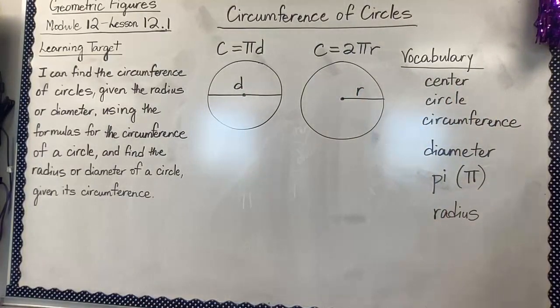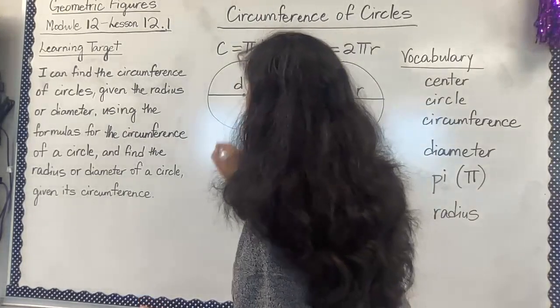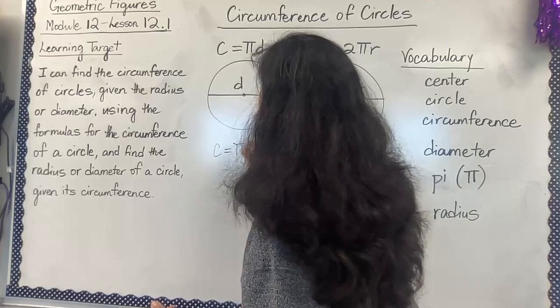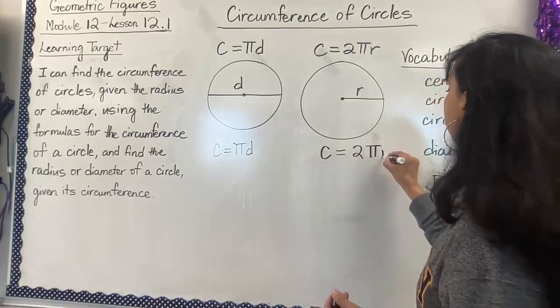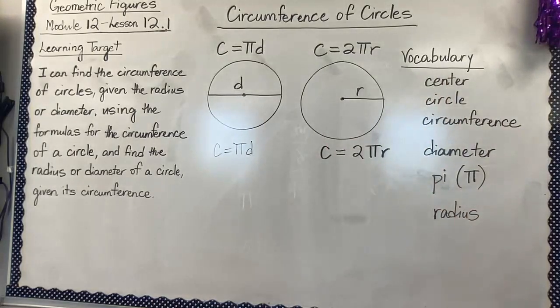Now we are going to rewrite the circumference formula in terms of D or R using the properties of equality. Let's start with this one. Circumference is equal to pi d. In this case, circumference is equal to 2 pi r. Now we are trying to find what the diameter would be.